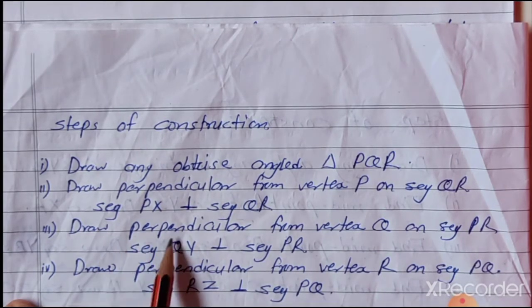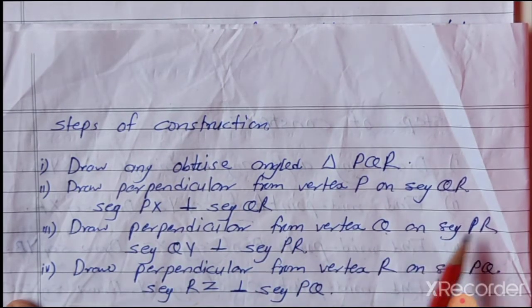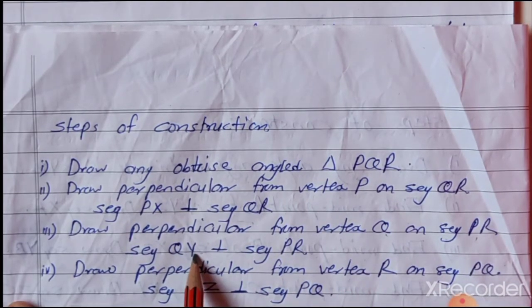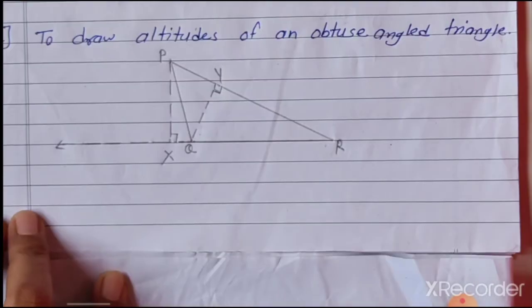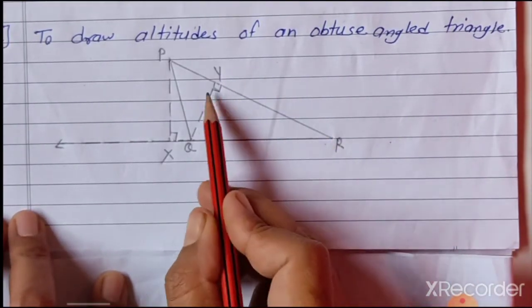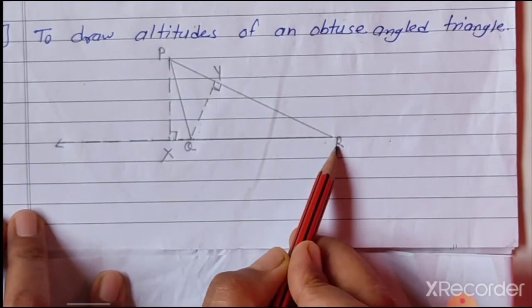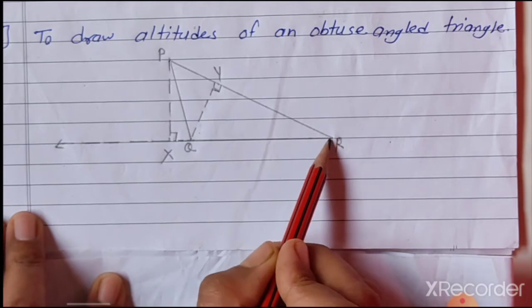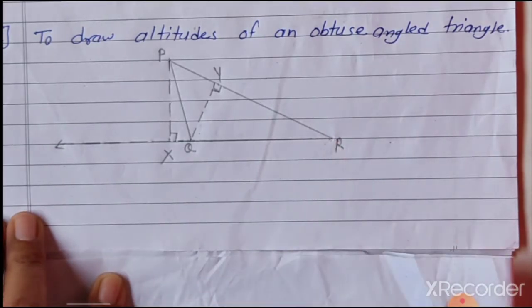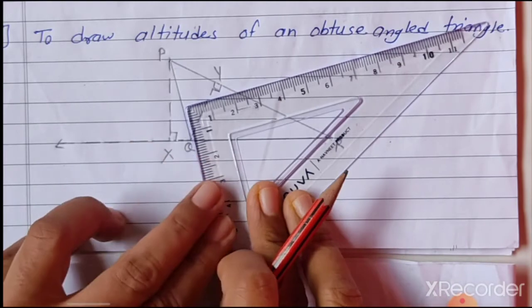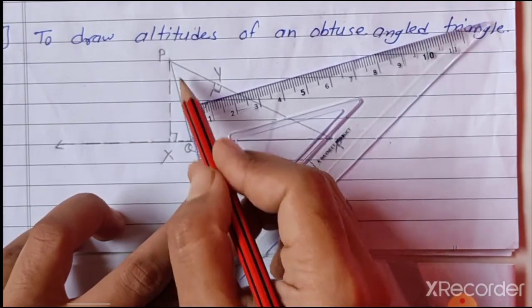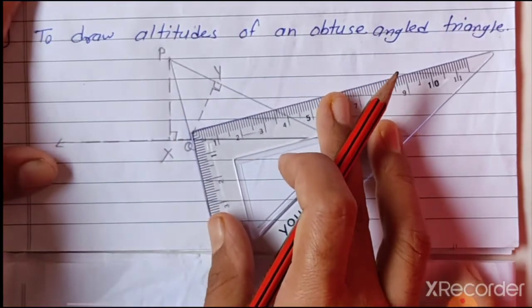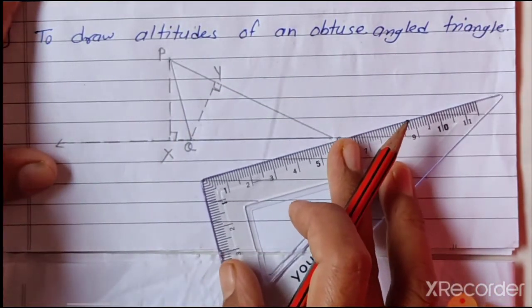Let us draw one more perpendicular from vertex Q to its opposite side PR and name it segment QY. It will look like this. This segment QY is perpendicular to base or segment PR. Now again draw one more perpendicular from this point R. To draw this perpendicular, here I have put this set square parallel to segment PQ, and if you try to draw this perpendicular, it will go outside the diagram.